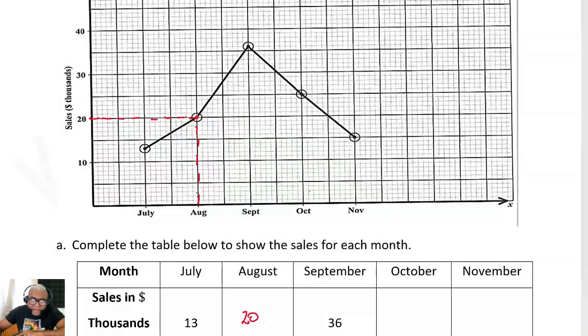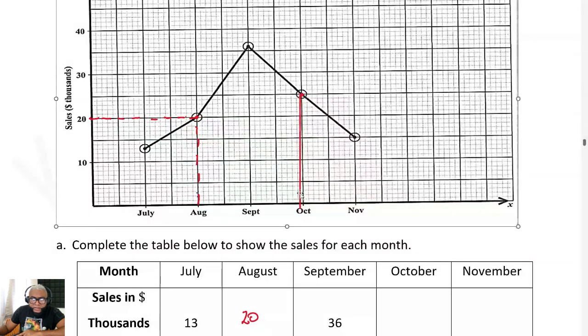You have to follow the graph. Look here. What is this point lining up with on the y-axis? So this is October, and you're checking to see what it is lining up with on the y-axis.